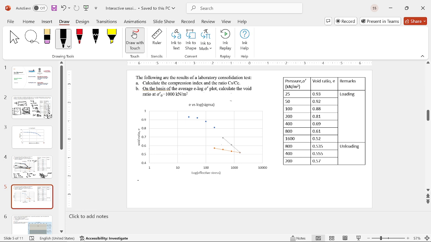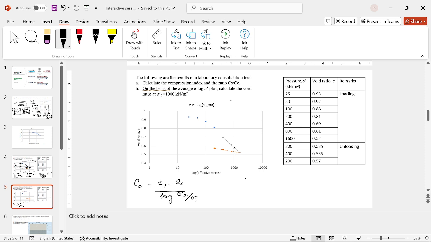So we know that Cc equals e1 minus e2 over log of sigma 2 over sigma 1. If this is 1000, the pre-consolidation pressure on the loading line.